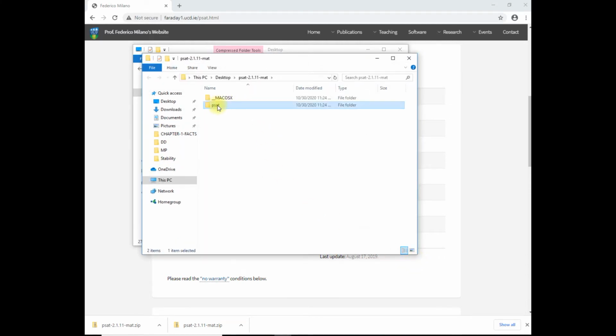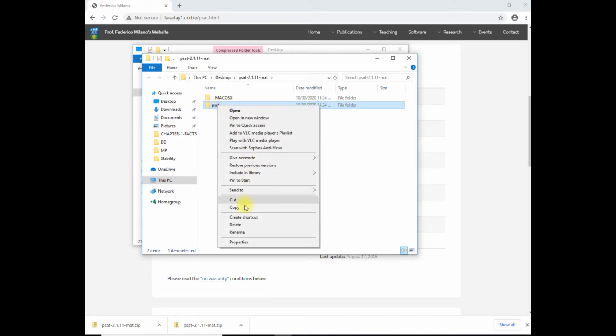After extracting this zip file, you get this PSAT folder.